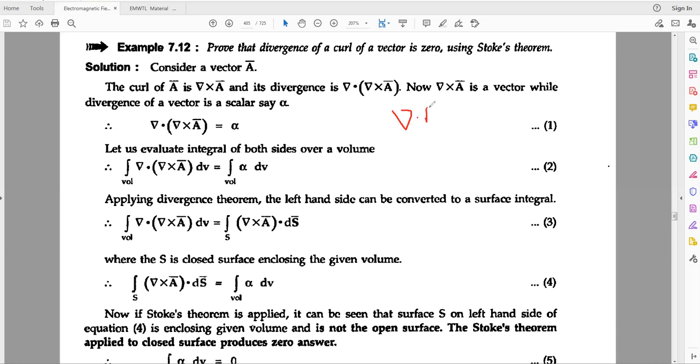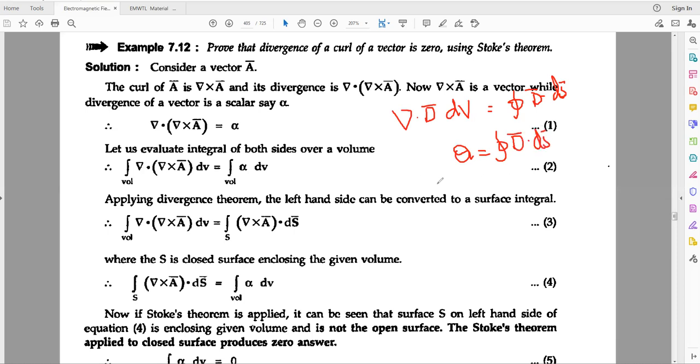Del dot D bar dv is equal to, you can convert it to D bar dot ds. Okay, my students, actually this is from the Gauss law of electric field. Q is equal to D bar dot ds.